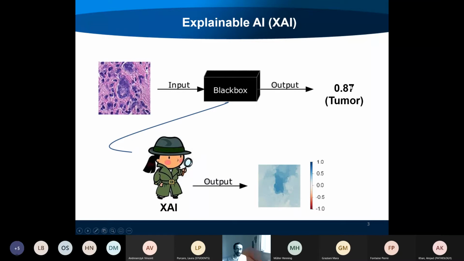Although the number gives us some idea of how confident, quote unquote, the network was in making that prediction, it doesn't tell us much more than that. And this is why this type of model is called a black box model, because we don't know the internals. We don't know exactly what caused the network to say this image is a 0.87.